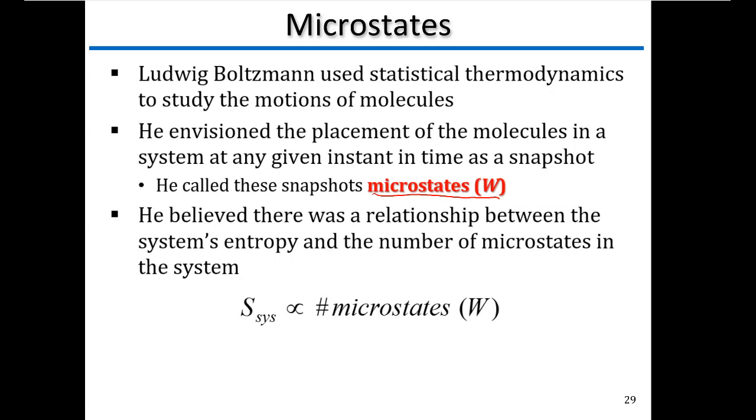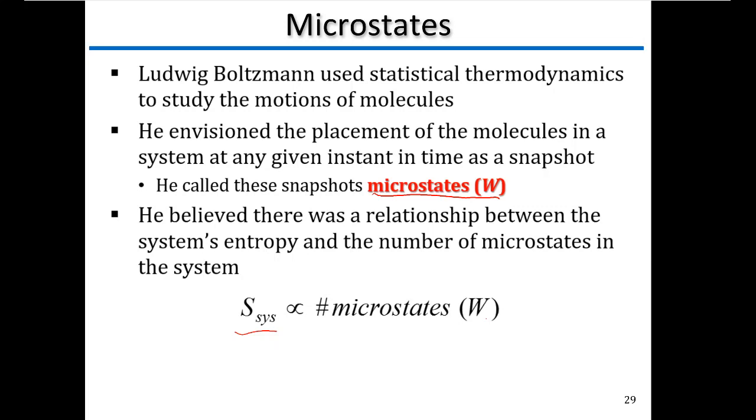He believed there was a relationship between the system's entropy and the number of microstates. So he said that the entropy of the system is proportional to the number of microstates, which again is given the letter W. Just like we talked about with the particles in the flask, he's taking a snapshot of the molecule and using that to measure the amount of entropy in that system.